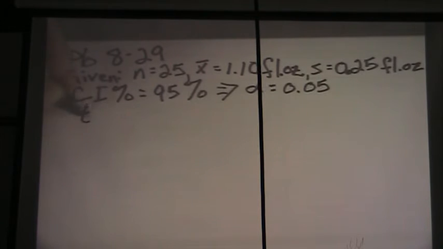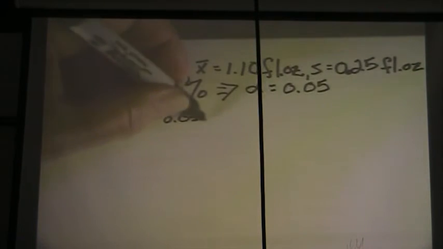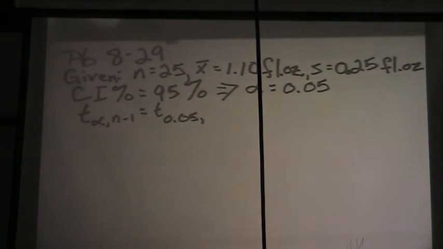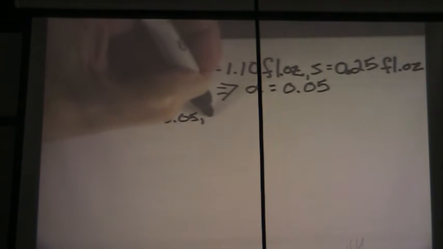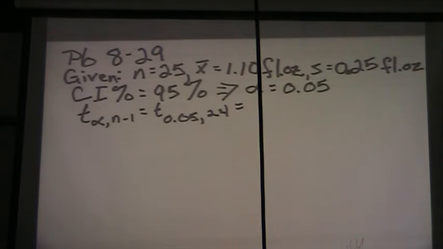That means our T alpha with n minus 1 degrees of freedom is T of 0.05, and our sample size is 25, so n minus 1 is 24. And what is that number? Didn't we do this problem earlier? Maybe we did. It won't hurt us to do it again.